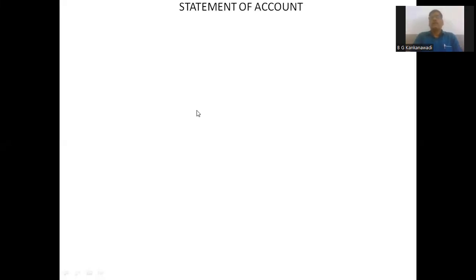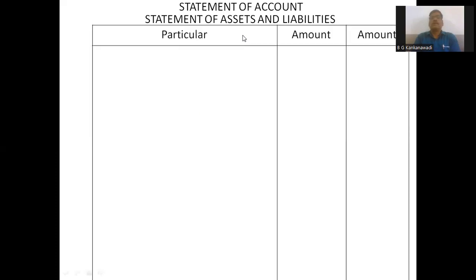Now you see the statement of account connected with the balance sheet. Statement of assets and liabilities. In the statement of assets and liabilities, also you draw three amount columns, not only two amount columns.